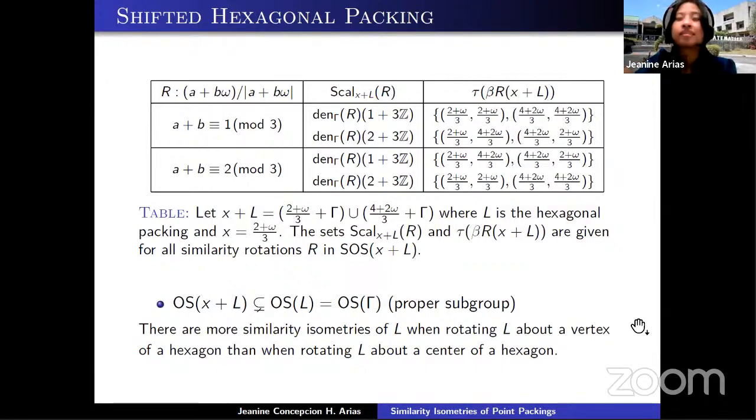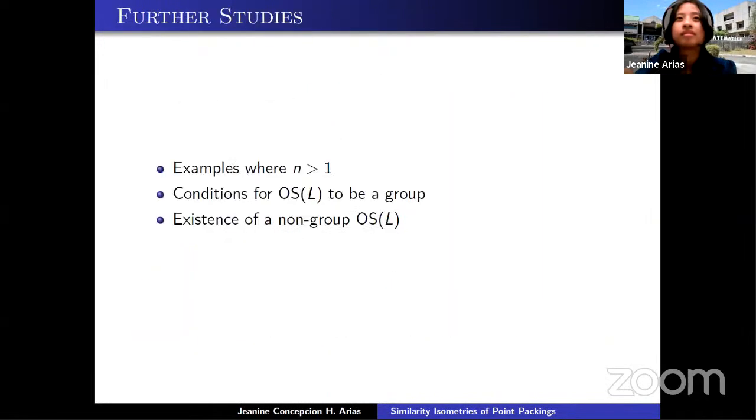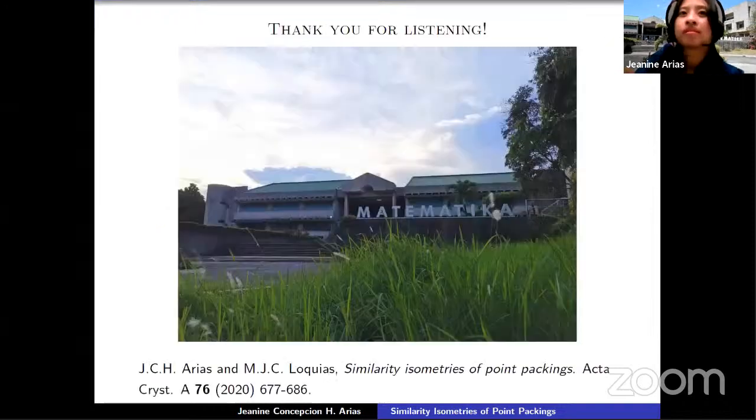Okay, interesting. Thanks. Just another question. Are there conditions under which a point packing can be a lattice? Under which conditions are point packings also lattices?